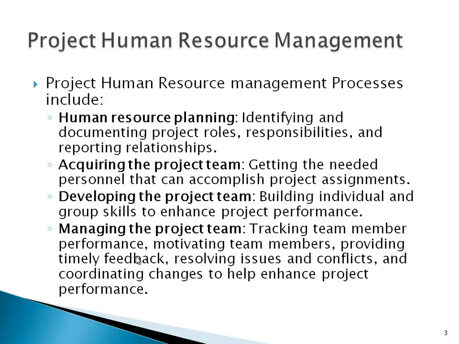Then we need to acquire those team members, get them from either internal resources or external resources. And then we need to develop the project team, build their skills, enhance their performance through training or something, and then manage the team once they start executing their tasks.